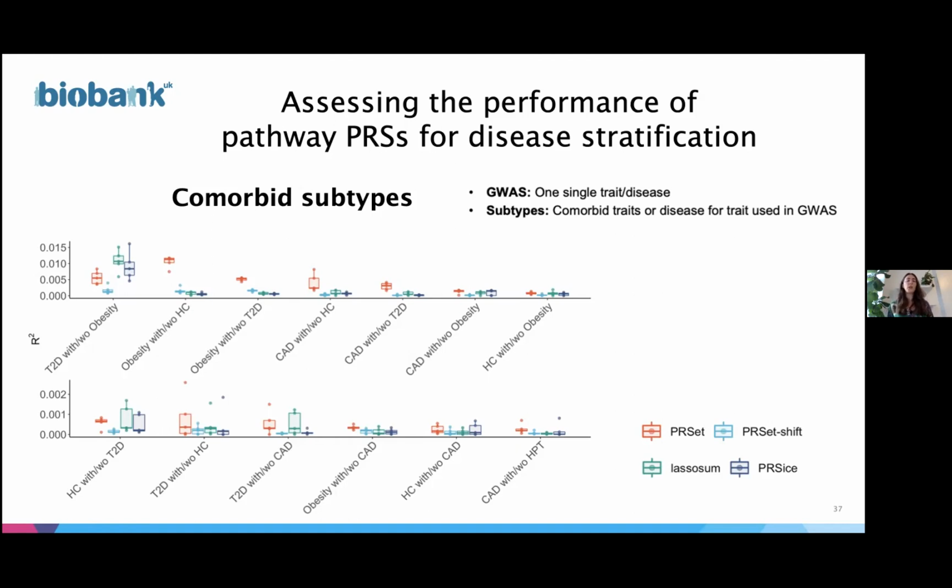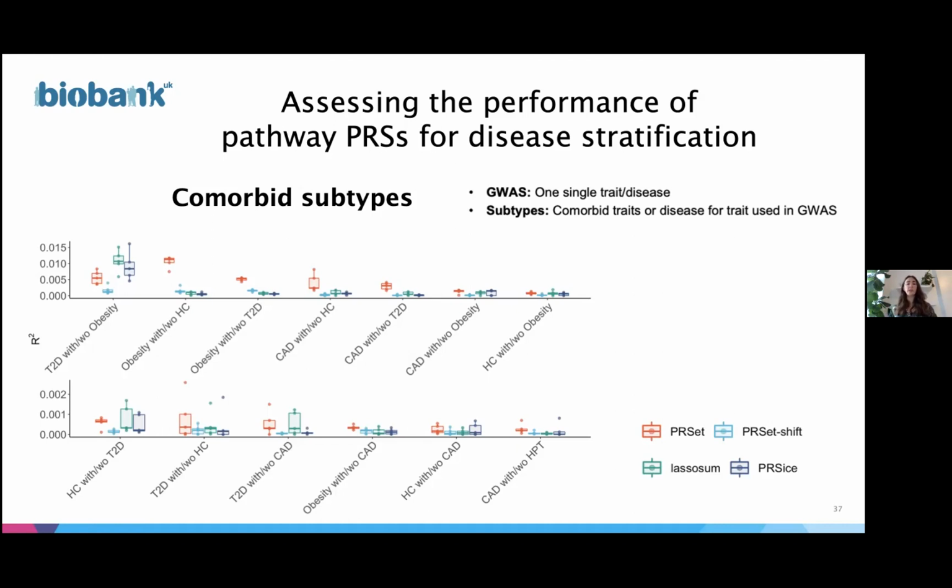So for example, our disease will be type 2 diabetes. And then the two different subtypes will be individuals with type 2 diabetes that have obesity. That will be subtype 1. And subtype 2 will be individuals with type 2 diabetes without obesity. And then we will try to separate the two of them.